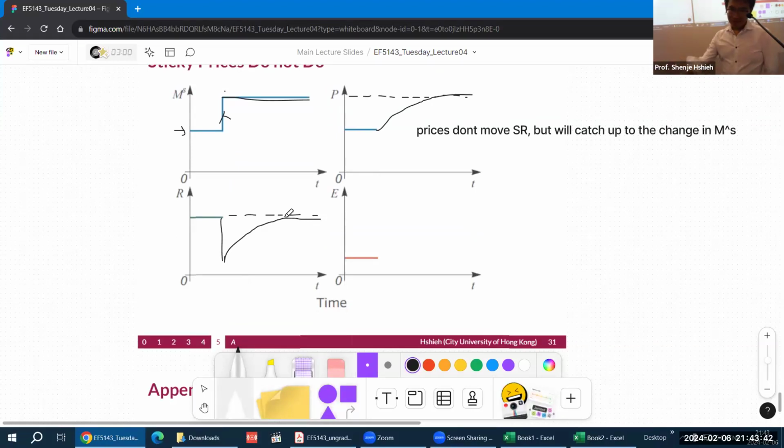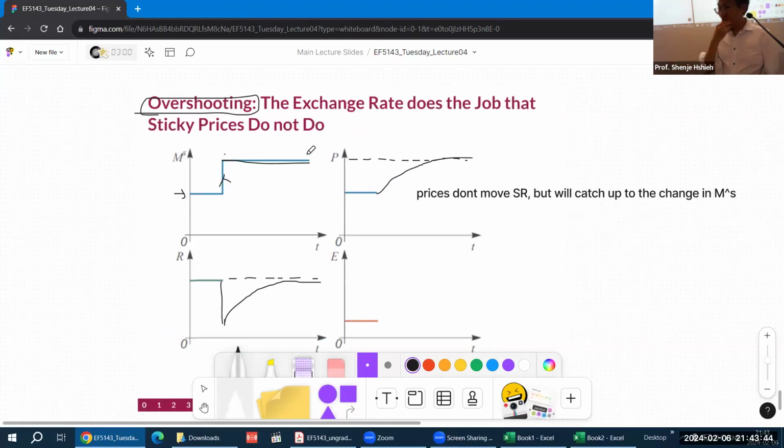And finally, the overshooting, the volatility. So I'm drawing a dashed line for the long run level. What we have is an overshooting because of sticky prices beyond the long-term levels.